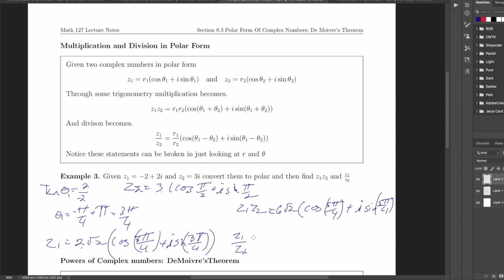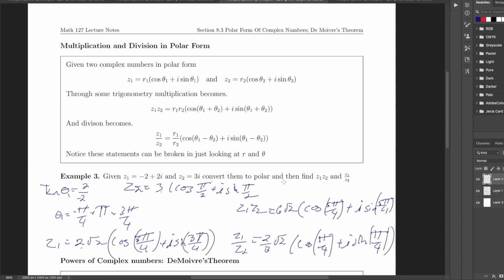Now when we divide, you can just take these two and divide. So I'll have 2 divided by 3 times the square root of 2, and then cosine, and here we'll have 3 pi over 4 minus pi over 2, which would just be pi over 4, plus i sine pi over 4.